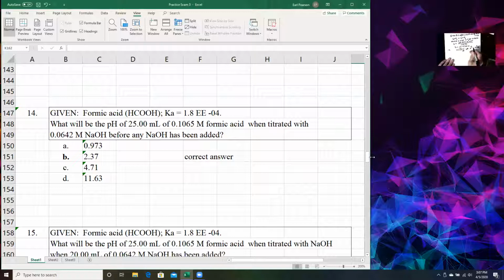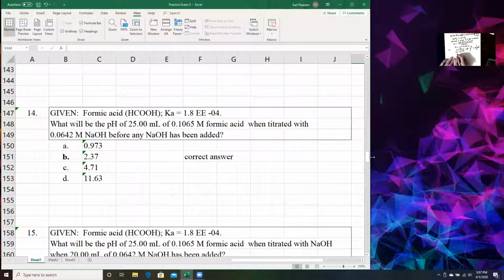Le Chatelier's principle says you're going to build up anything that's missing in the equilibrium, so it's going to shift to the right. It's going to be X moles per liter of that and X moles per liter of that, and it's going to lose X moles per liter of this. So C0 minus X is going to be the concentration of this.